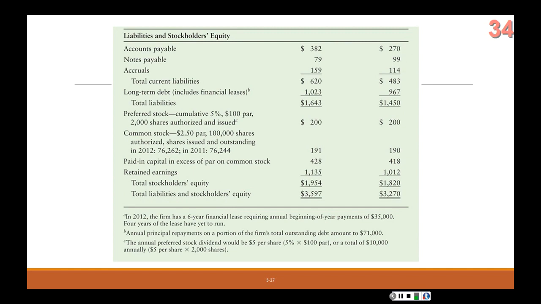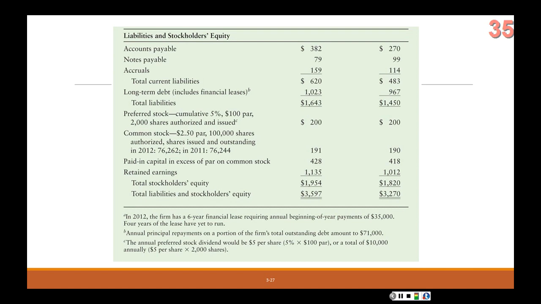That's money owed for credit purchases by the firm. Notes payable, these are outstanding short-term loans, usually from commercial banks. Accruals are amounts owed for services for which a bill has not yet been received. So it's money owed but not paid, such things as salaries.